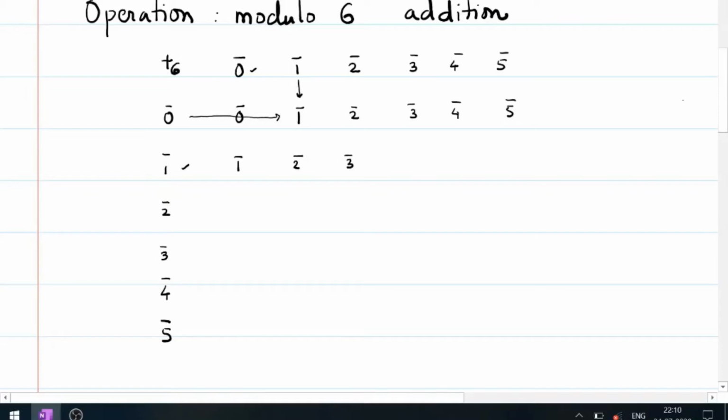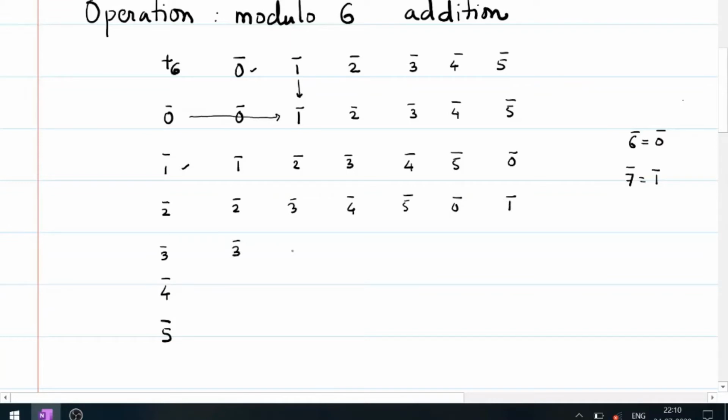This is 3 bar, 4 bar, 5 bar, and 1 bar plus 5 bar is 6 bar, but 6 bar is 0 bar. So I will write here 0 bar. Similarly 7 bar will be again 1 bar in Z6, we know this. So now next line is 2 bar plus 0 bar is 2 bar, 3 bar, 4 bar, 5 bar, 0 bar, and 2 bar plus 5 bar is 7 bar, which is 1 bar.